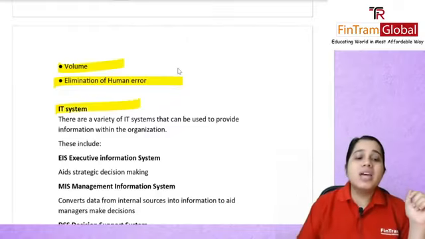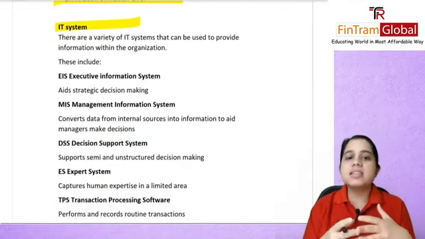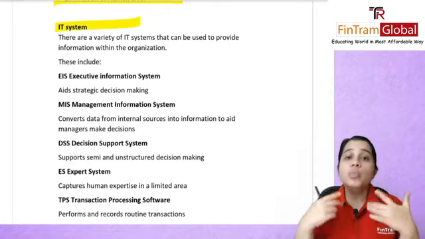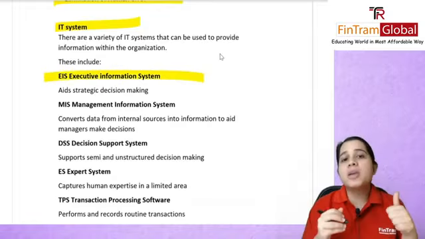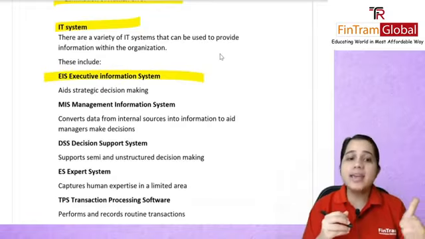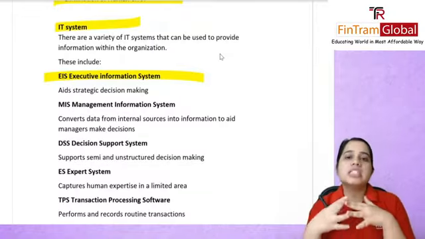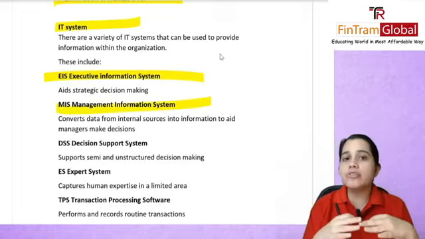Then we had talked about IT systems, wherein we covered that there are a variety of IT systems that can be used to provide information within an organization. You have your executive information system, also EIS. It is going to help your strategic decision making, at the top level. Then you have your MIS, or management information system.